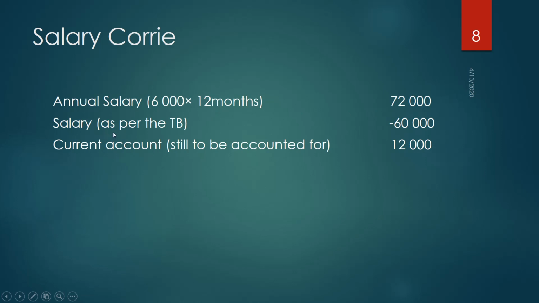We're going to take the amount as provided per the trial balance relating to Corey's salary. The amount was 60,000. We're going to take the 72,000, deduct the 60,000. We still need to reflect the amount of 12,000 in Corey's current account on the credit side, to be specific, as it favors Corey. 12,000 will also be taken to the note to the current account.